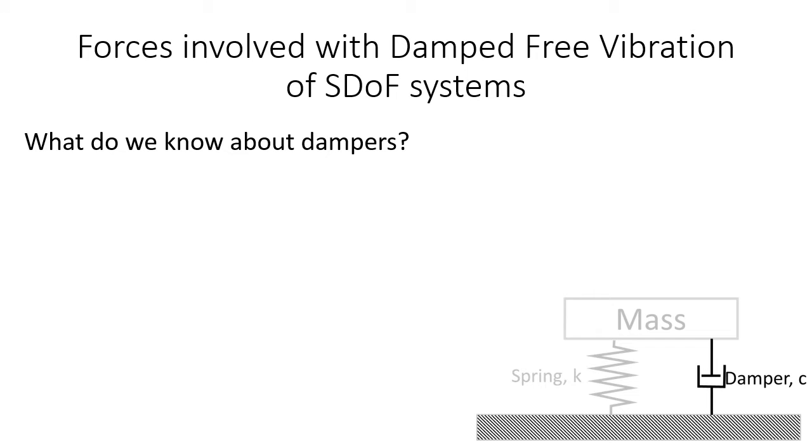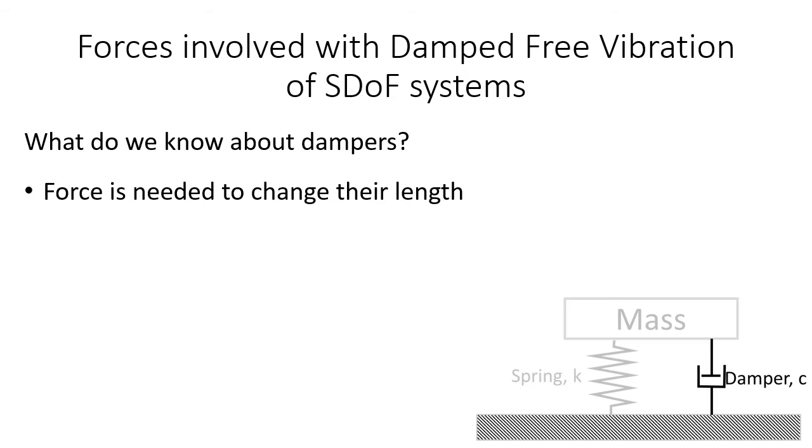The final component then in our system are the dampers. And what do we know about dampers then? Well, we need a force to change the length of a damper. And in doing so, that will absorb energy. The energy that we put into that system will effectively be converted to heat through friction of the oil within the damper itself.